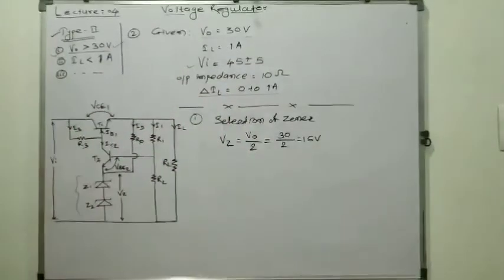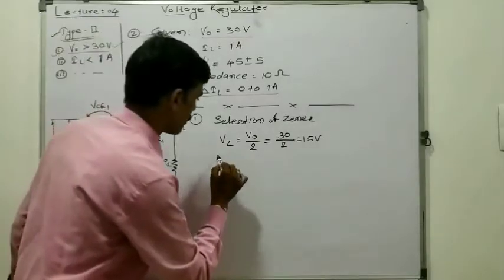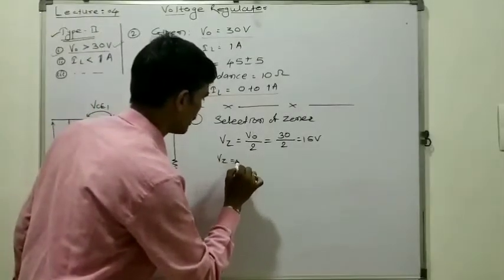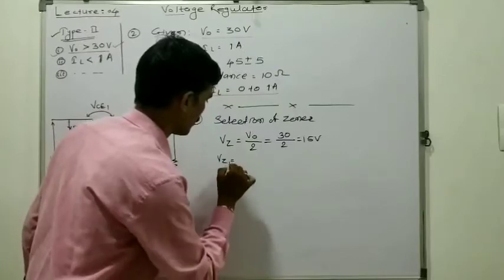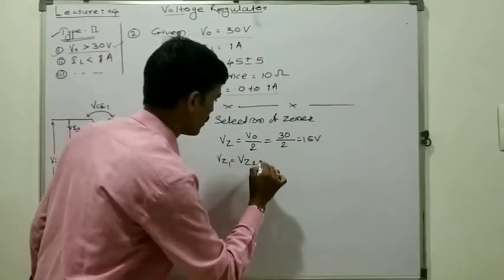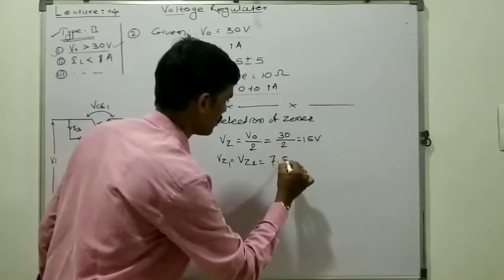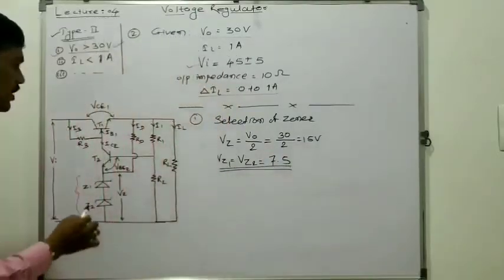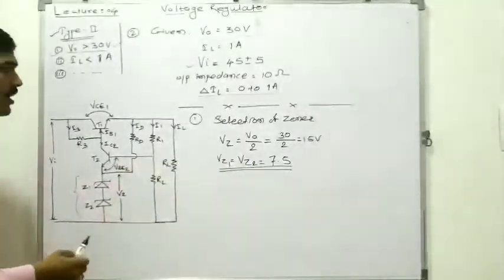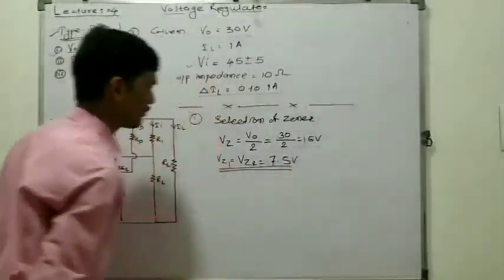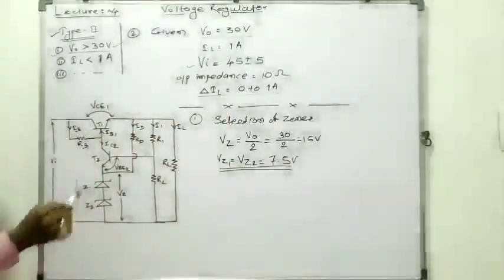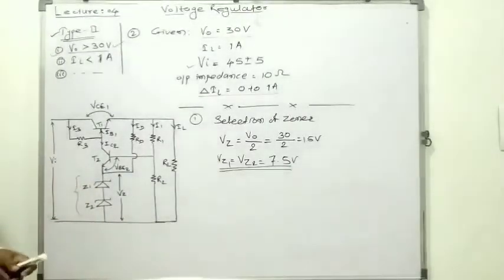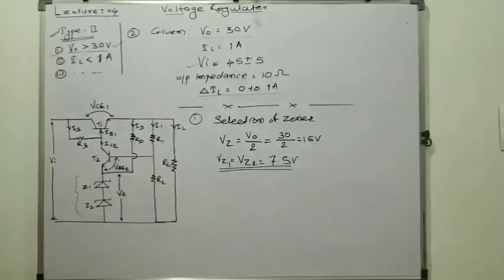Instead of using a single Zener, we break this 15 into 2, and we get VZ1 equal to VZ2 equal to 7.5 volt. So we are using two Zener diodes of 7.5 volt instead of a single Zener diode, that is Z1 and Z2. We are connecting these two Zener diodes in series.